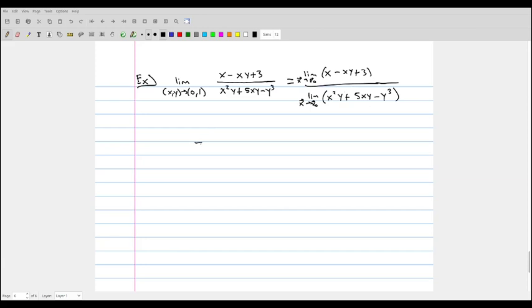And then you can use the sum limit law. I'm not going to keep writing this limit, but you do the sum limit law to get each one of these individual limits. And essentially this ends up reducing down.